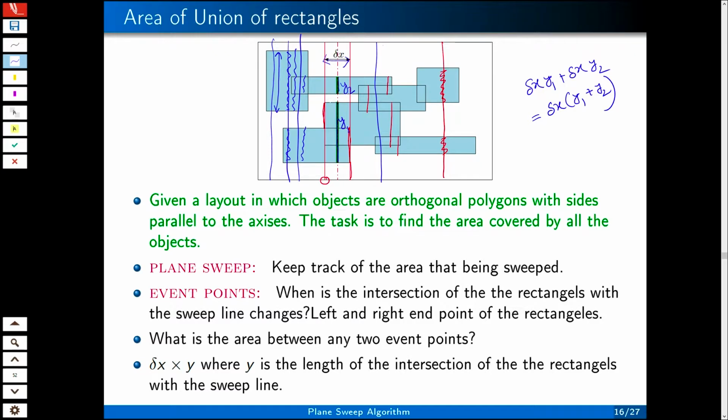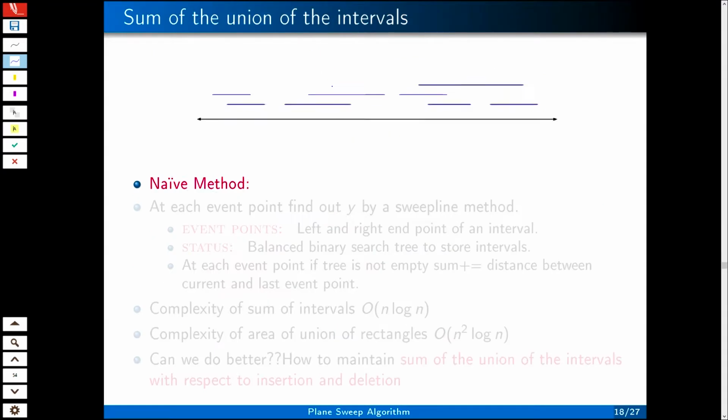Between every two event points, what we have is a set of intervals. What is our objective? To find out the union of the set of intervals, which I can consider as a one-dimensional problem where we have a set of intervals and our objective is to find out the length of the union of these intervals. Are you with me? Any confusion? Let me know, I will explain again.